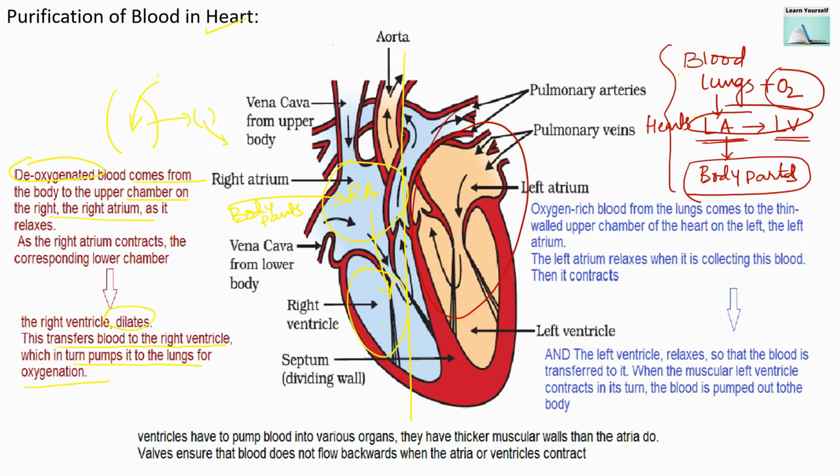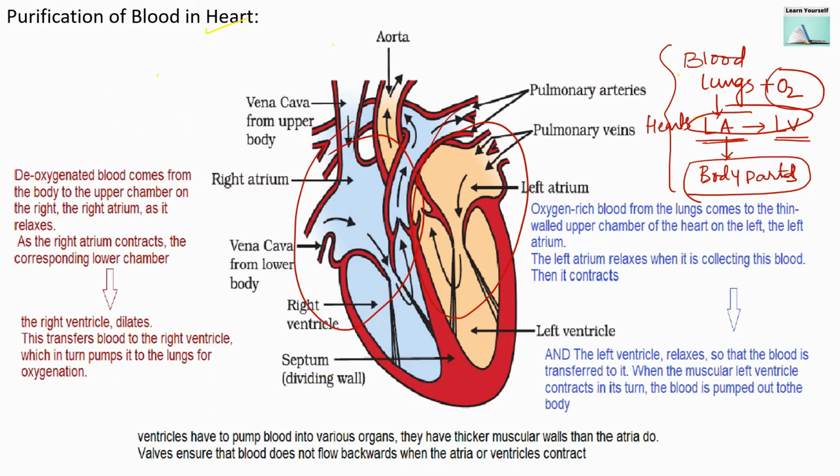Now from the right ventricle, it will go to the lungs because we know that it is deoxygenated blood and it requires purification. And again that blood has to contain oxygen so that it will circulate into body parts.